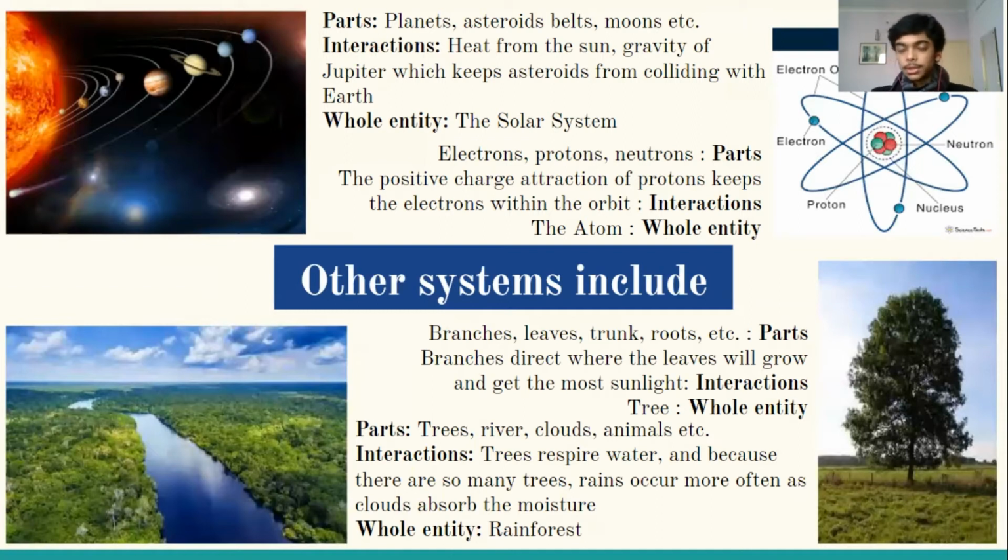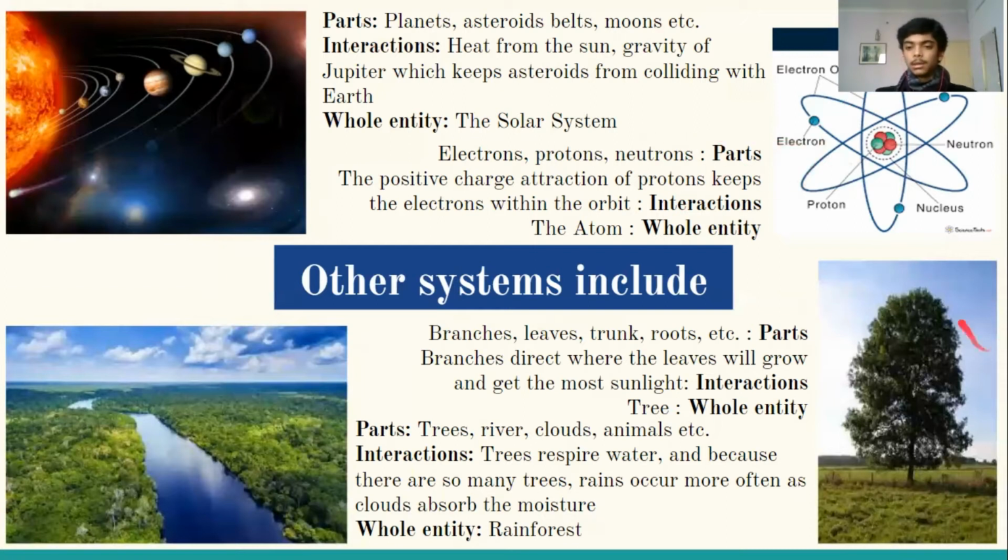It makes the electrons stay within the orbit, right? So the positive charge emitted from here is so strong that the electrons are unable to go out of an orbit, right? And this is an interaction between those parts, and the whole entity is an atom.